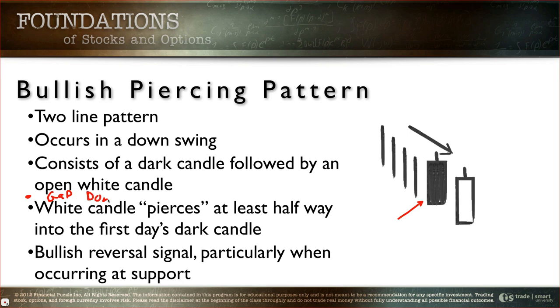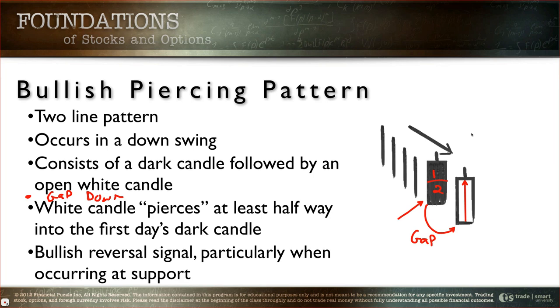We will gap down, and then the white candle will pierce at least halfway into the first candle. We'll put halfway right there. We have a little gap down here, and then it pierces into that candle at least halfway. This is a bullish reversal signal.